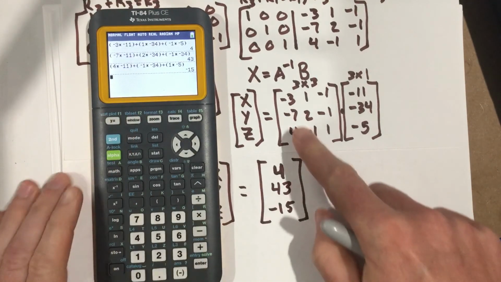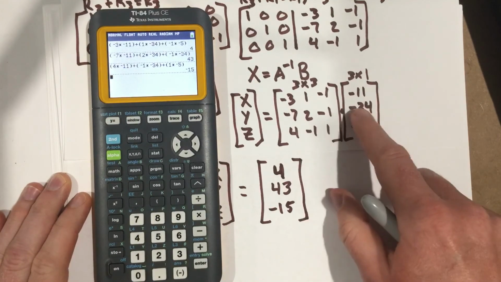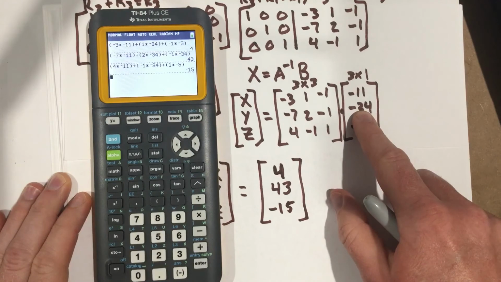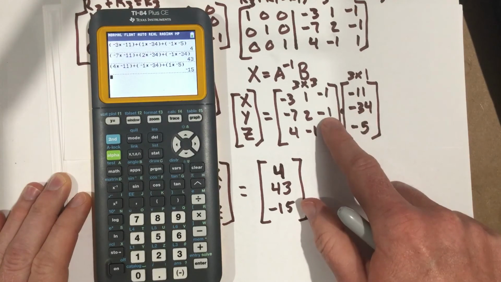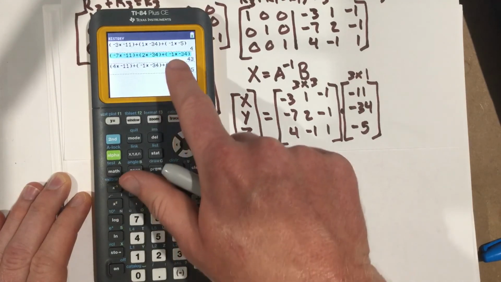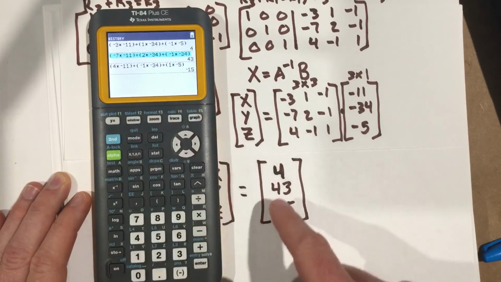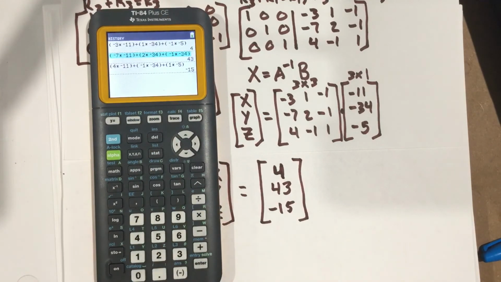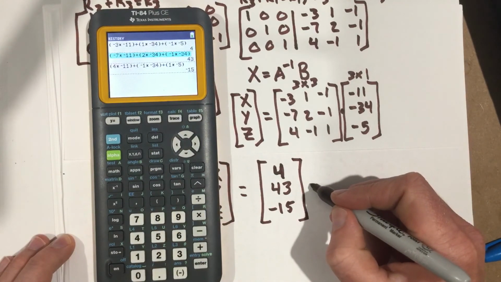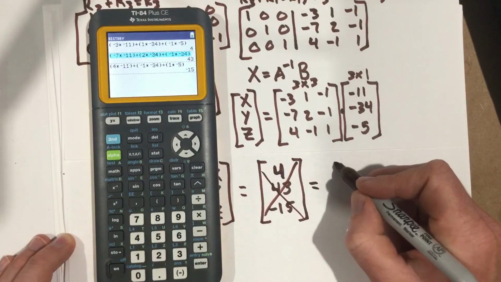I just want to double check, make sure I multiplied right here. I made a mistake right here. If you guys notice that line right there, I took this line times -34 twice. So this 43 is actually incorrect. I'm going to go ahead and fix that. So we're going to just cross this out lightly. This is 4 here.